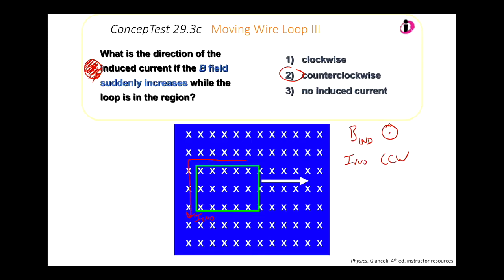That goes back to the fact that it's trying to oppose the change. There's magnetic field that's pointing this way and growing, so the loop creates a magnetic field the opposite way to try to cancel out the growth. Yeah, the loop is moving this way, but the magnetic field is growing. So here the loop's motion is irrelevant because that doesn't affect anything here.